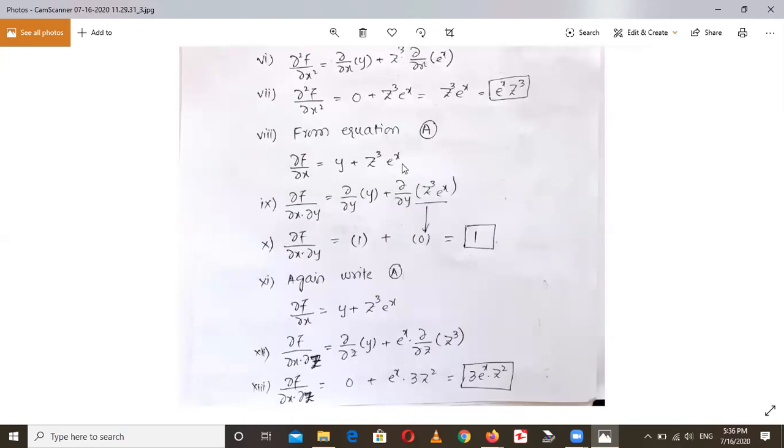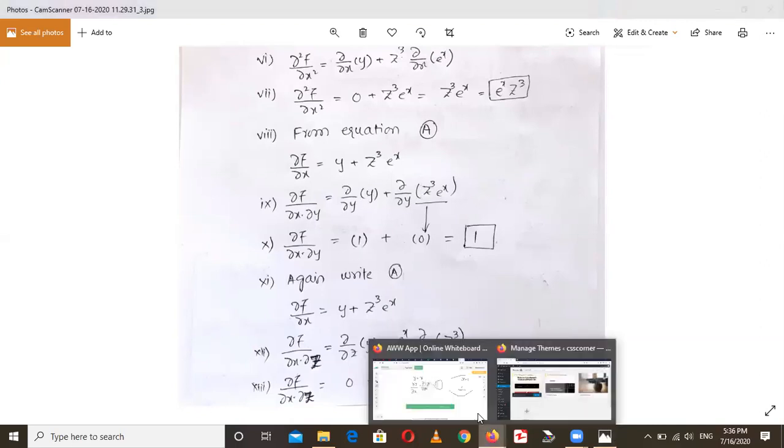There is no y term, so this whole term will become a constant. Again, this is that formula: if the terms in the numerator and denominator are the same, this will become equal to 1.